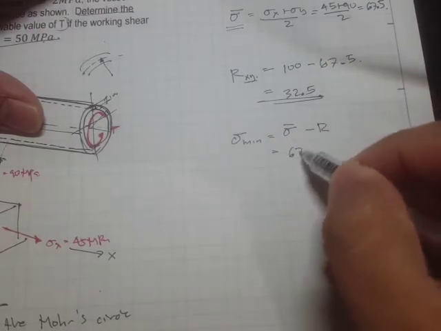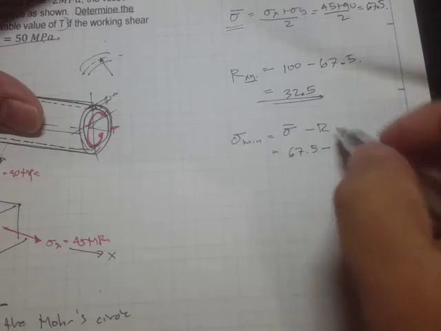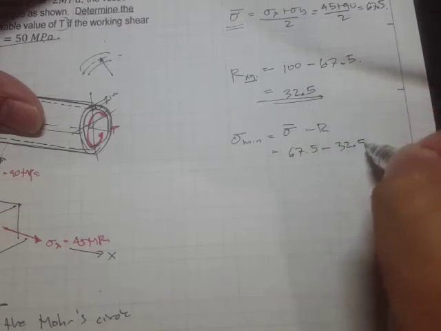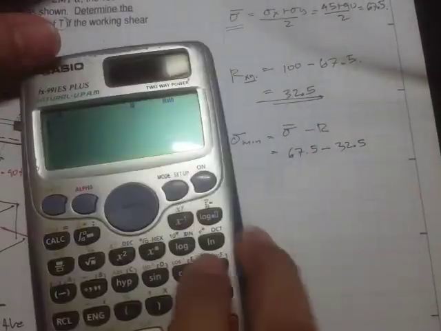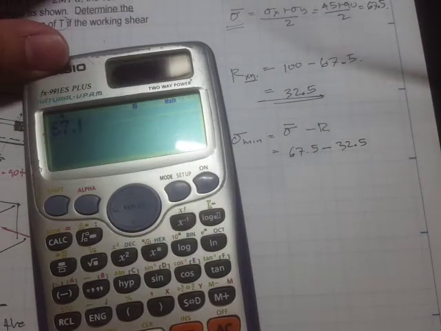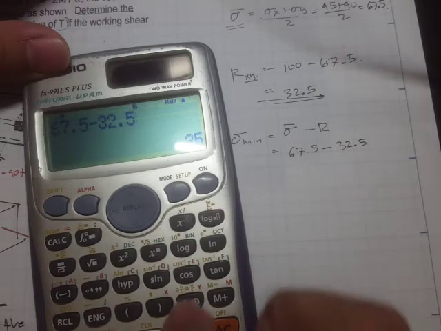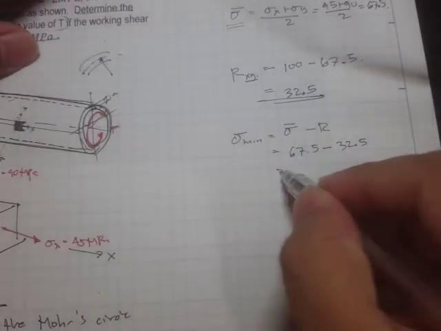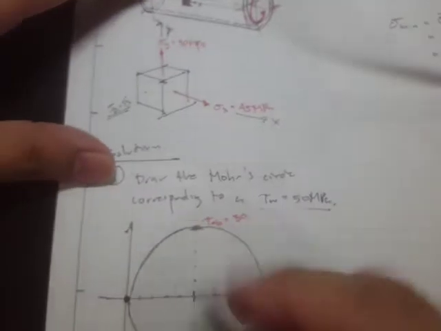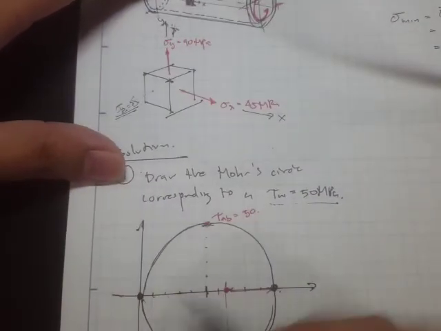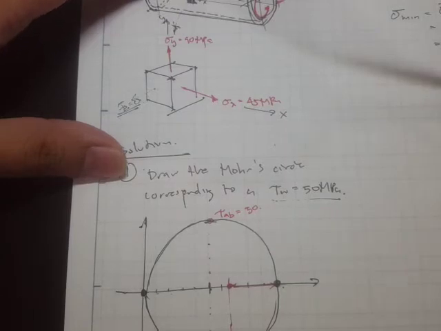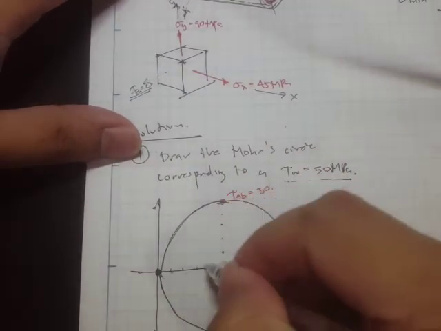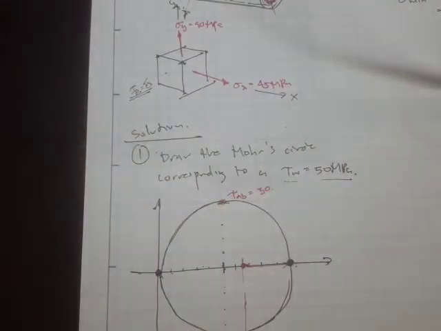So this is 67.5 minus 32.5. Let's compute this. 67.5 minus 32.5, this is 35. Okay, so 10, 20, 30. I think this is gonna be somewhere here.